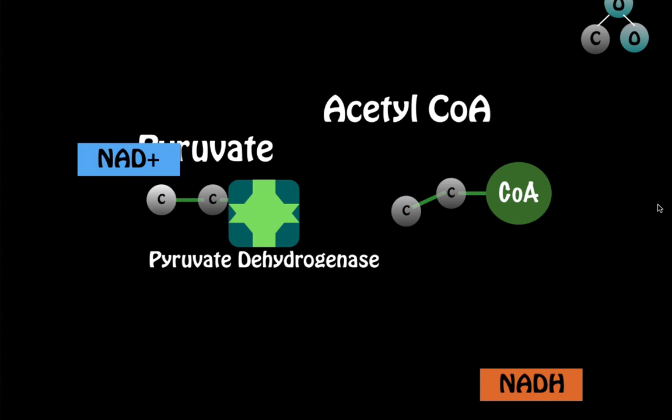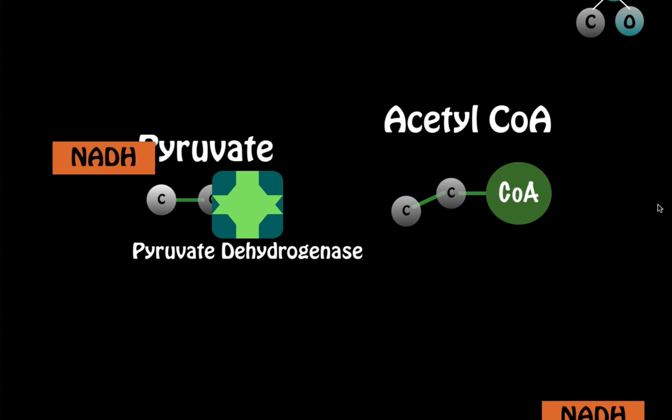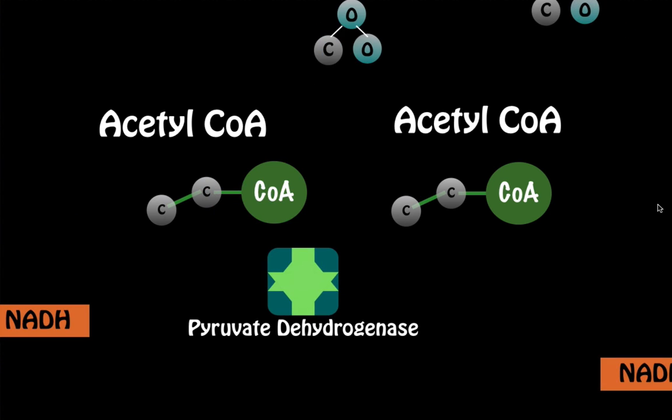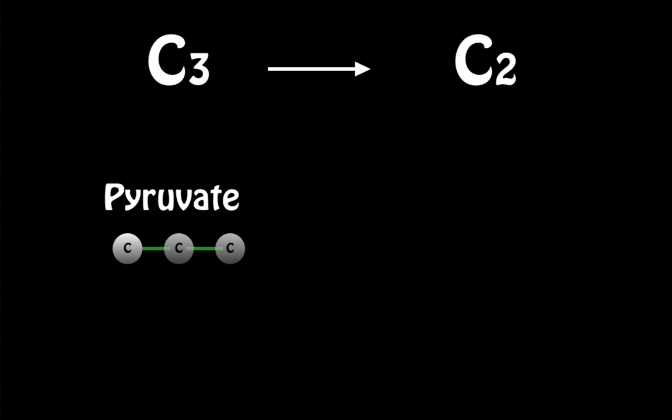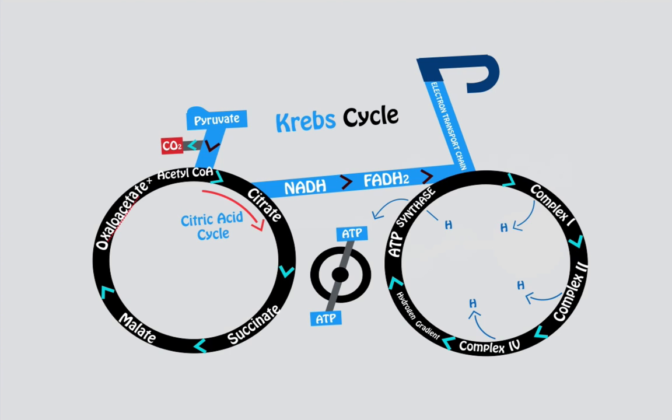So again, pyruvate dehydrogenase continues its path to the next pyruvate and another NAD, and then again you have a bond with the hydrogen that's formed with NADH, and then carbon dioxide cleaves off, and then our new molecule, acetyl coenzyme A. So I've basically gone from pyruvate, which is a 3-carbon molecule, and then I had the process occur where I lost the carbon dioxide, and I've made acetyl coenzyme A. And now this molecule, acetyl coenzyme A, is ready for the Krebs cycle.